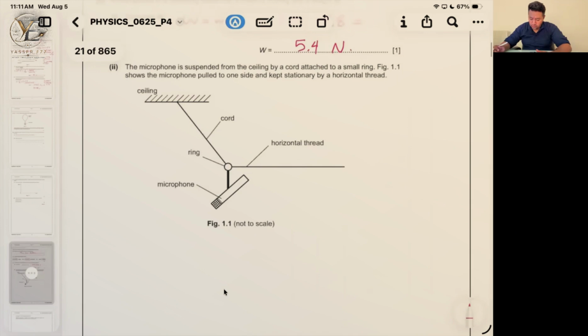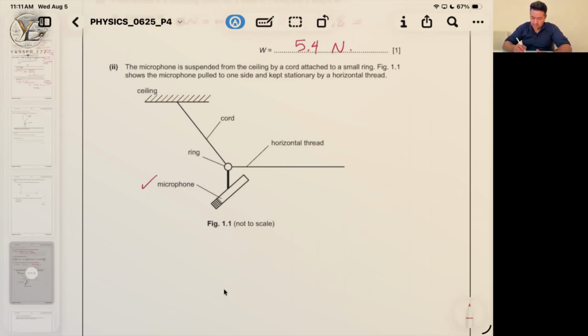The microphone, here is the microphone, is suspended from the ceiling by a cord attached to a small ring. Figure 1.1 shows the microphone pulled to one side and kept stationary by a horizontal thread.